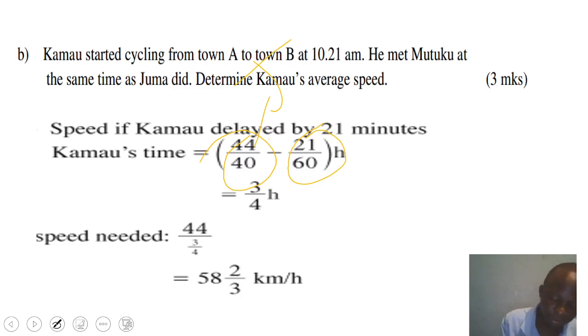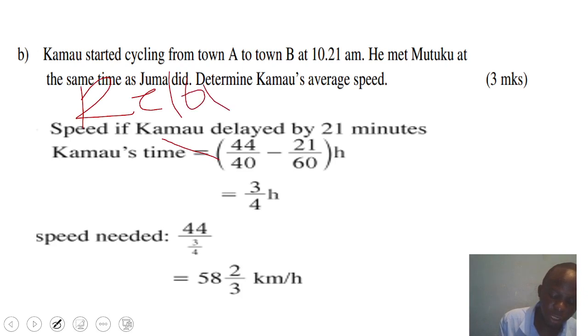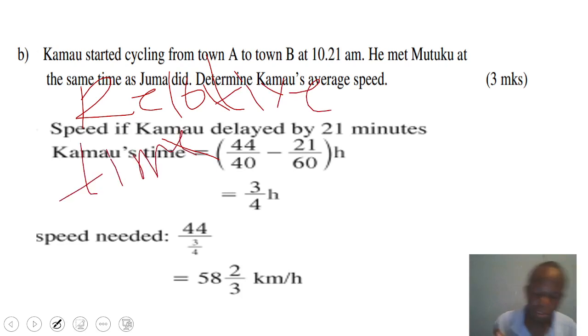This is relative time. Relative time relates to particular bodies. We are taking the difference because they are moving in the same direction. So that is relative time.